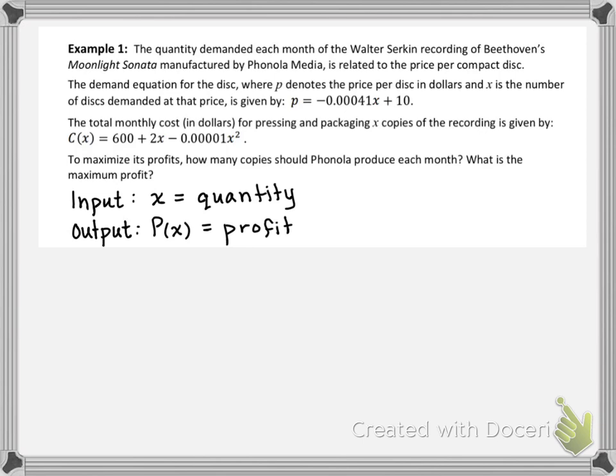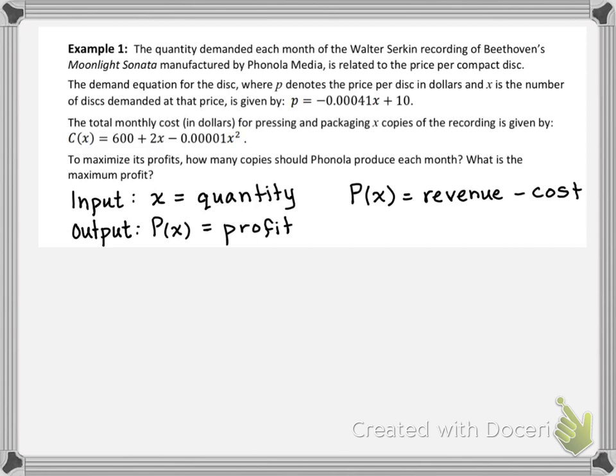If I want to write a profit function, how do I do that? What's the formula for profit? How do we calculate profit? Revenue minus the cost. Yep. So revenue minus cost. With these problems I often work backwards. I want a profit function, which means revenue minus cost.